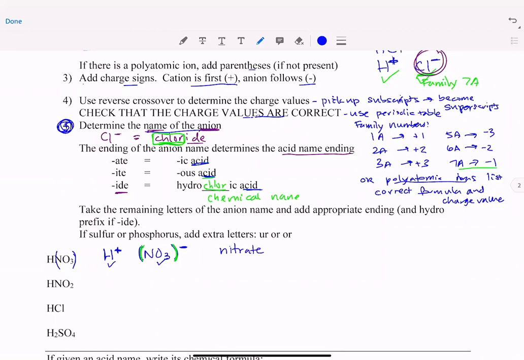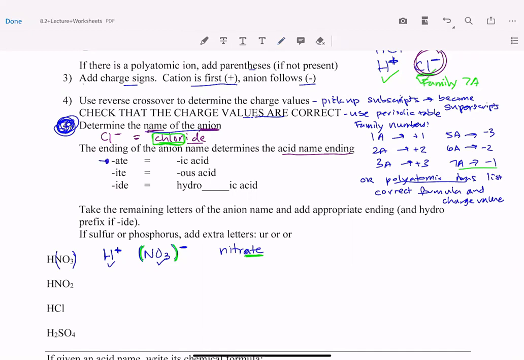That's the name of that anion, and it's on your polyatomic ions list. When you're looking at the name of that anion, you need to look at the name ending. It's ATE. The name ending ATE aligns with this: you take the original part of the name and add a new name ending, ic acid.